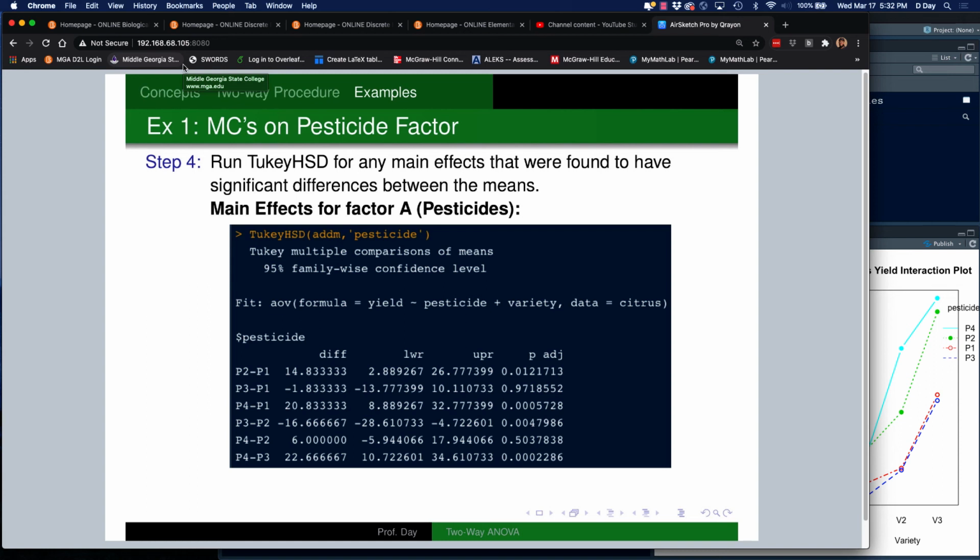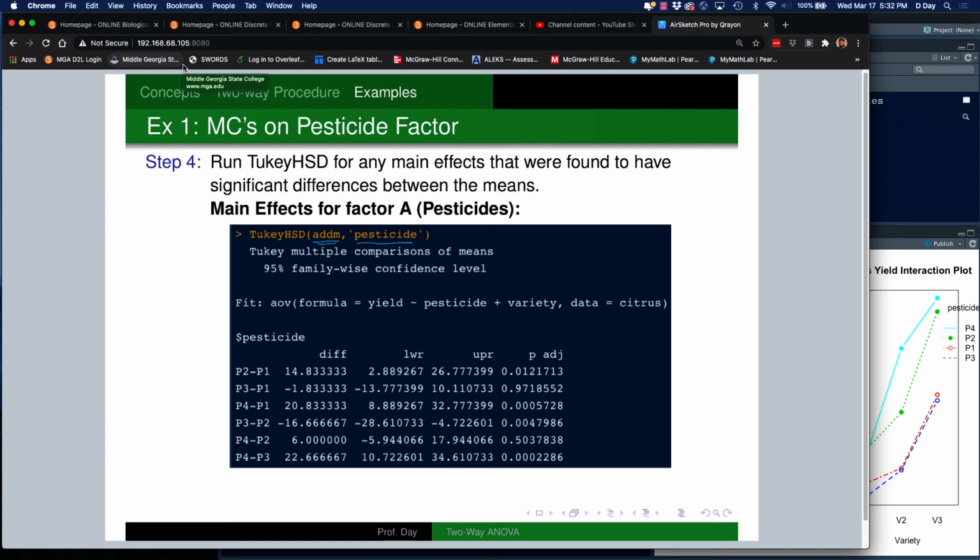So for the main effects for factor A, when we run the Tukey's HSD, I still use my additive model, add model, and we do pesticide in single quotes or double quotes, it doesn't really matter. And it's only going to give me the confidence intervals and p-values for the pesticide factor.